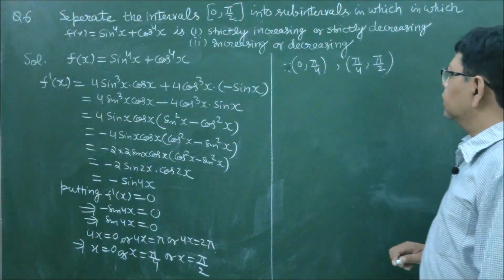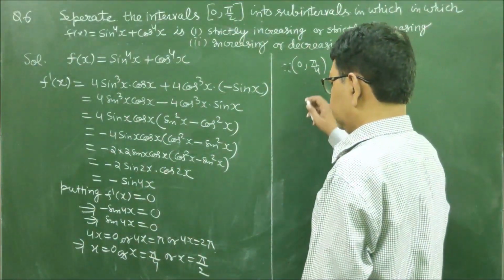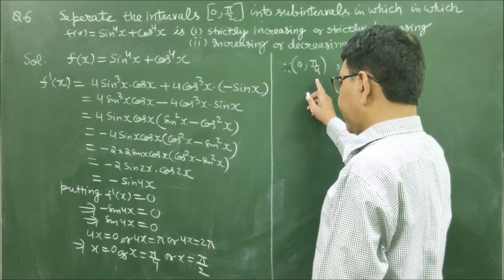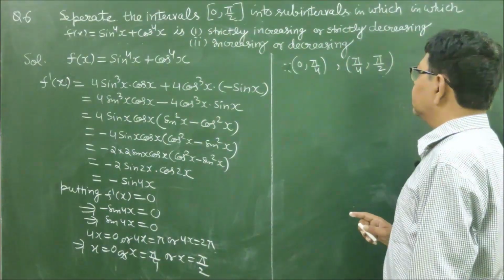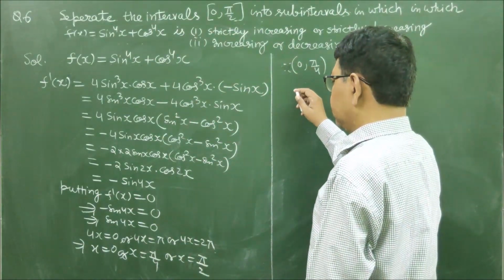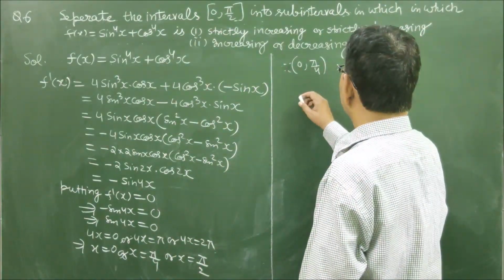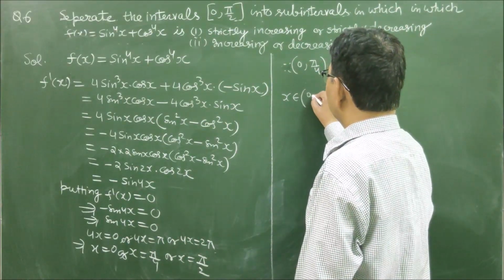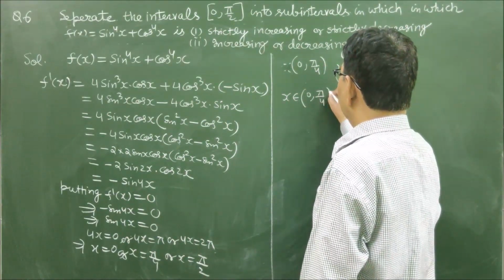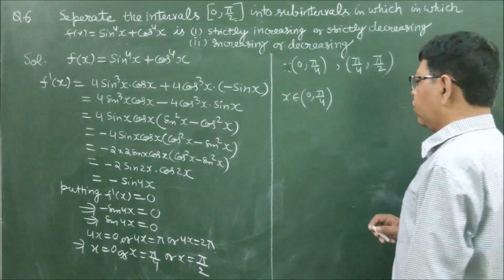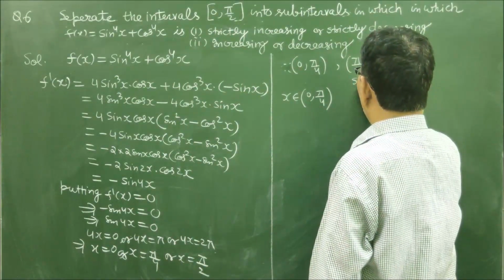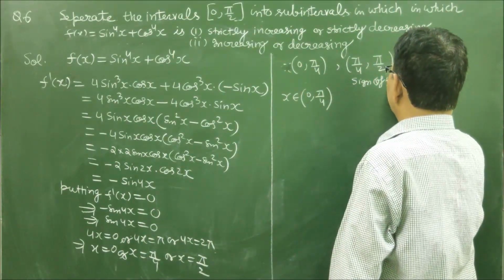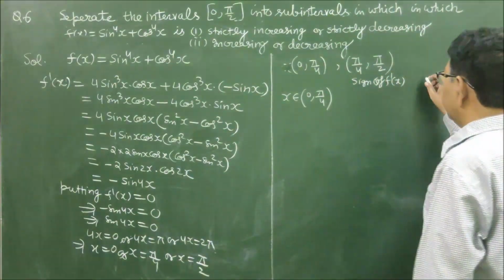Now in the interval 0 to pi by 4, if we consider the sign of minus sin 4x, let us find the sign of f dash x, then the nature of f x.